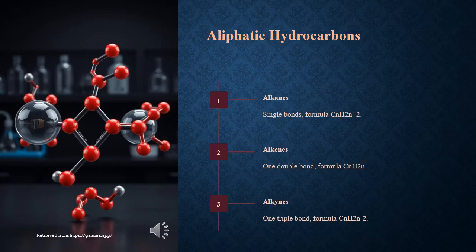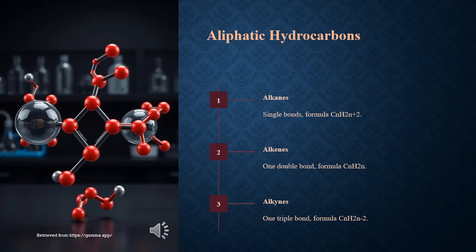Aliphatic hydrocarbons are hydrocarbons that don't contain a benzene ring. They include straight, branched, or cyclic structures, and they can be further categorized into alkanes, single bonds only, saturated hydrocarbons; alkenes, at least one double bond, unsaturated; and the alkynes, at least one triple bond, unsaturated.